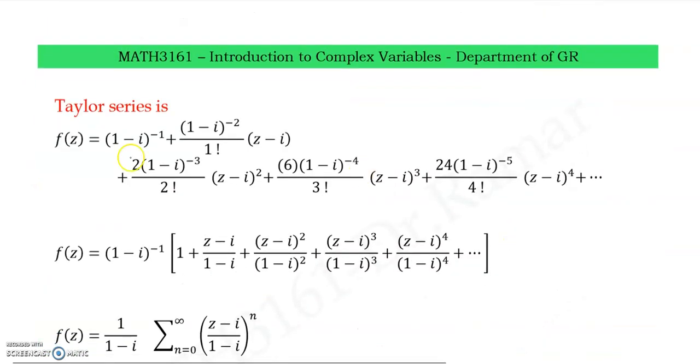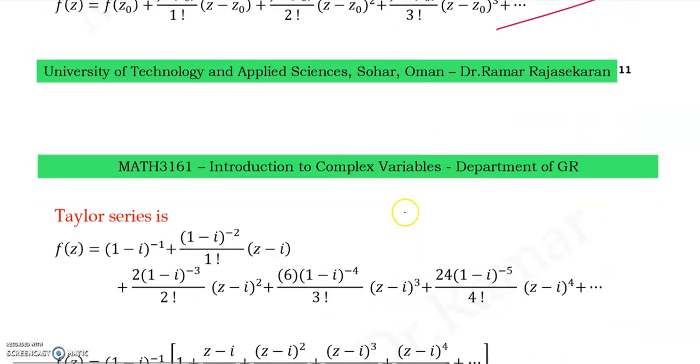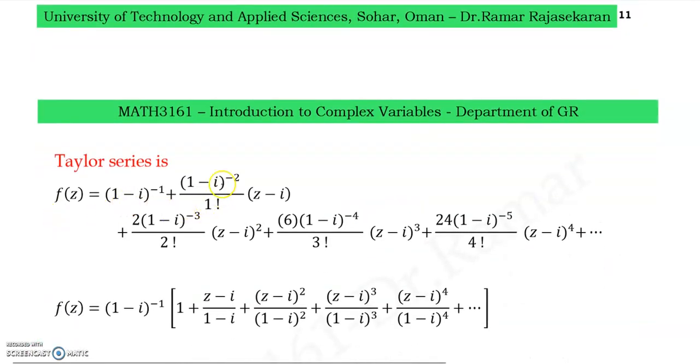So now f of z is equal to, what is this? This is nothing but f of z at i. What is f of z at i? That is (1 minus i) to the power minus 1, so I write that here. Similarly, I replace. What is this? The first derivative of the function at i. This is z minus z0, z0 is i, divided by 1 factorial.